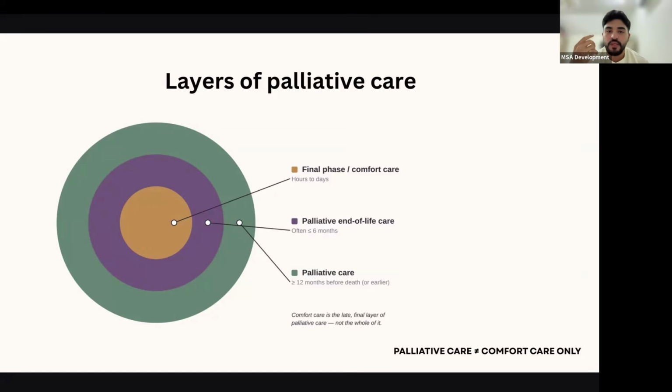So this is something that matters. Now, is palliative care comfort care? No, it's not the whole thing. However, it is part of it. Comfort care is part of palliative care. And it's the final layer of palliative care, not just the entire thing. Okay.